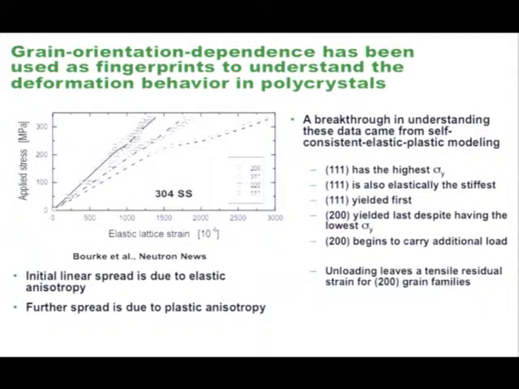For example, for 200, it just becomes flat. It continues to take on stress with increasing lattice strain. But for other grains, the stress still goes up a little bit, but it essentially becomes constant. The strain no longer changes. So this is called stress partitioning.